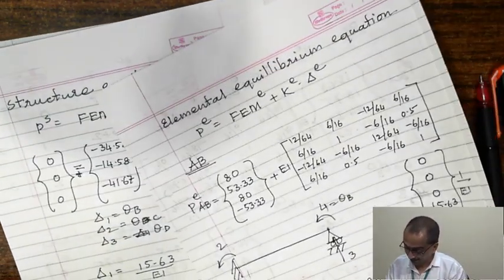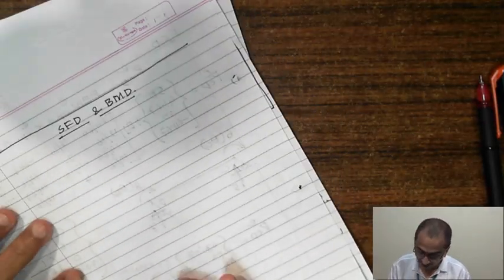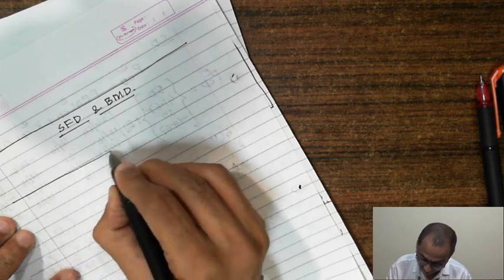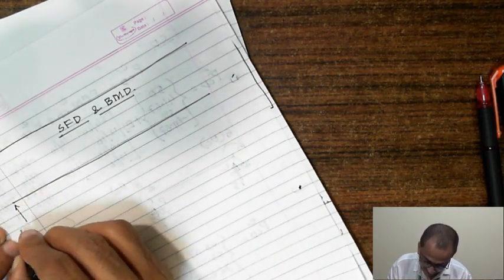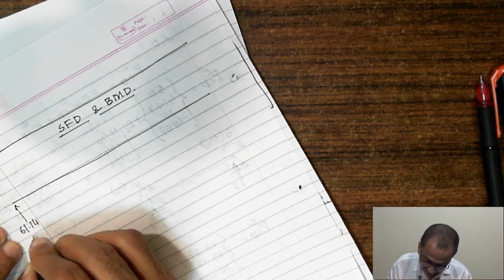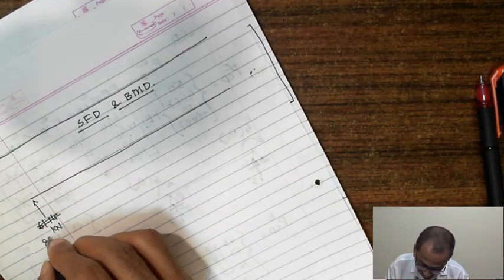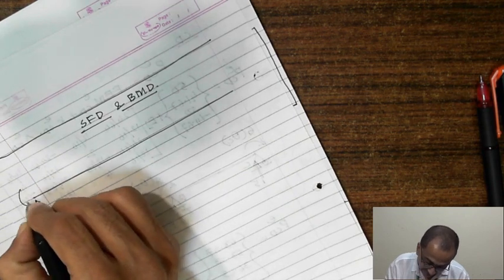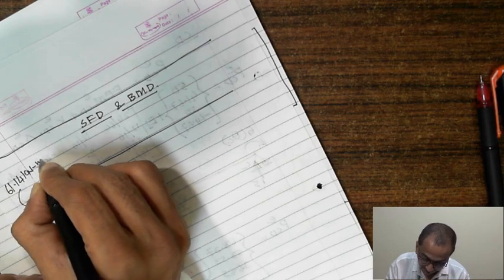So last step is plotting shear force diagram and bending moment diagram for all the element stiffness matrices or for the elements equation. So element AB, this is element AB under my consideration. I am drawing it, element AB, and this is 61.14 kilonewton. This is 85.86 kilonewton, 61.14 kilonewton meter, 85.86, and this is 61.14 kilonewton meters.